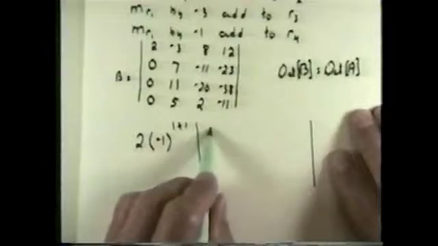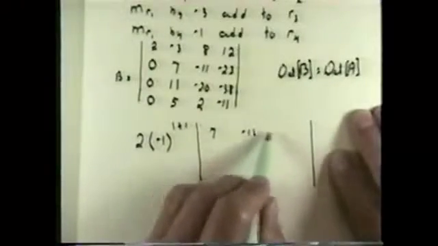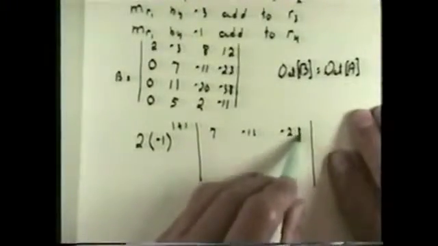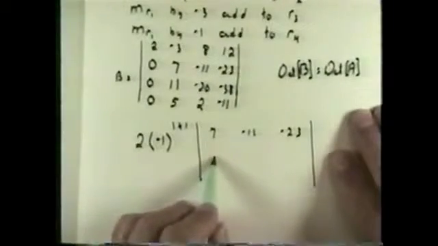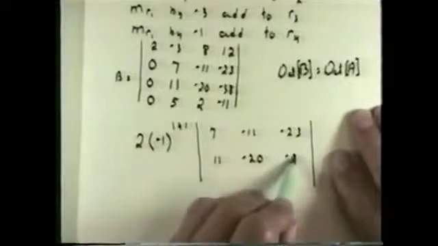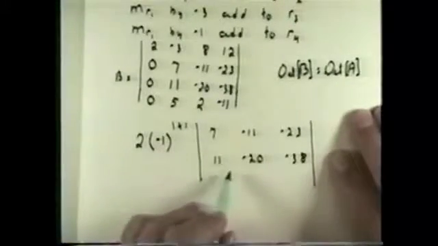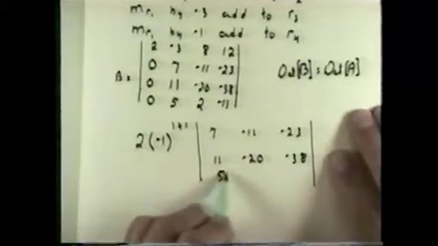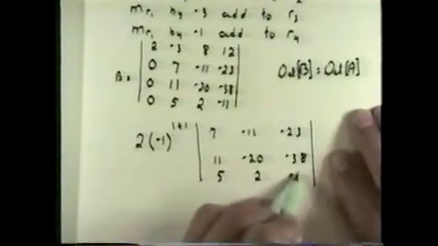So that's going to leave you with 7, -11, -23, 11, -20, -38, 5, 2, -11.